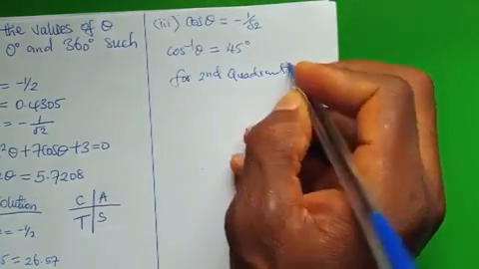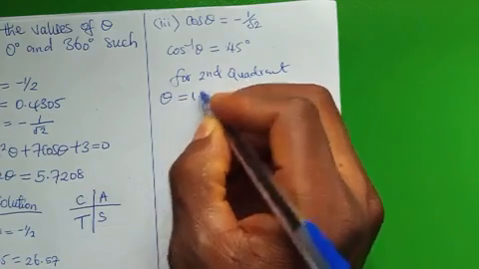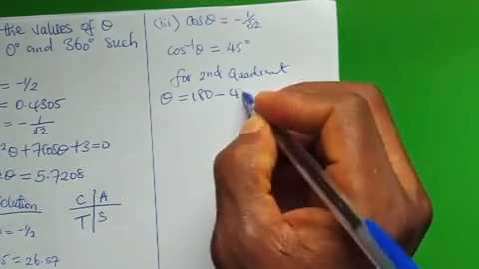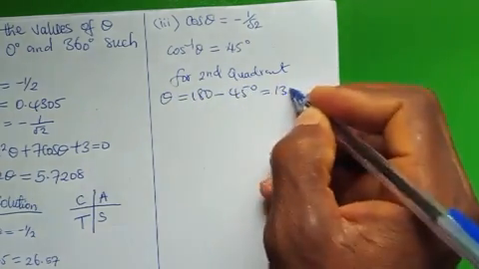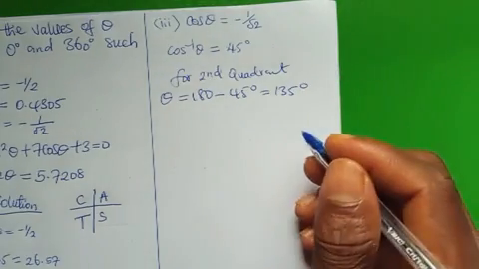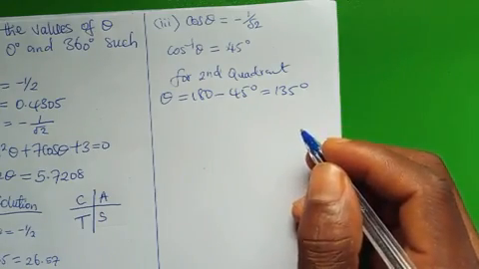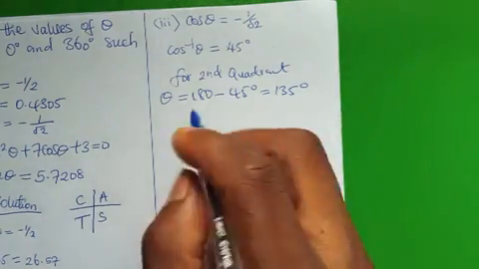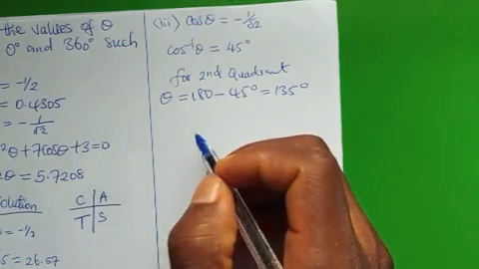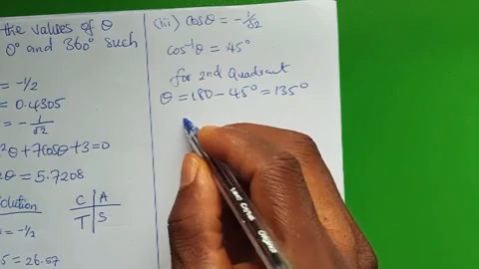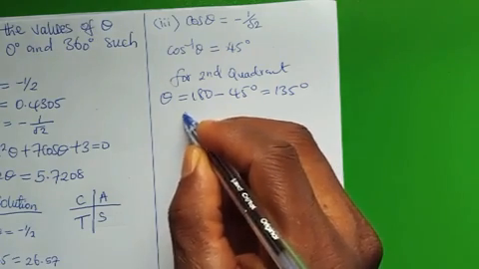And in that second quadrant, our theta there is going to be 180 minus 45 degrees. That is 135 degrees. It means that if you press cos 135 degrees, you're going to have negative 1 all over root 2. Okay, the second place where you're going to have this value again is at the third quadrant.